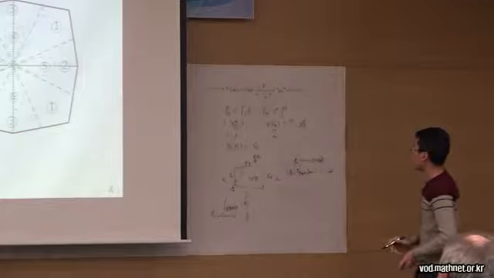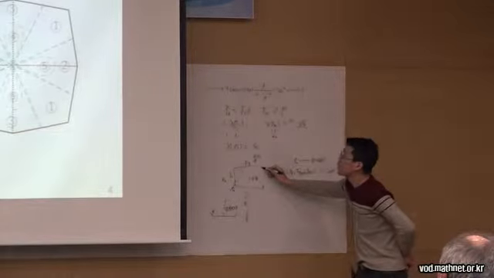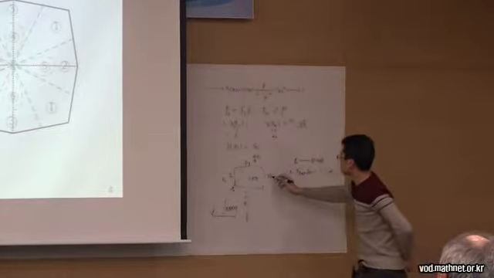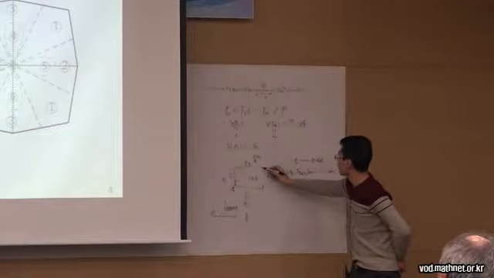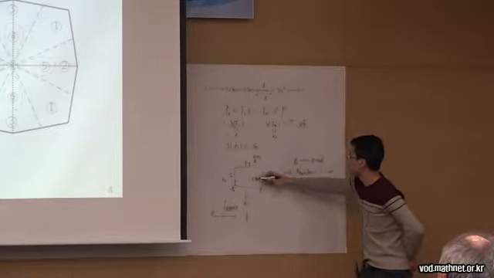And for each codimension 2 face, in this case, it is just a point, a vertex of this polytope.